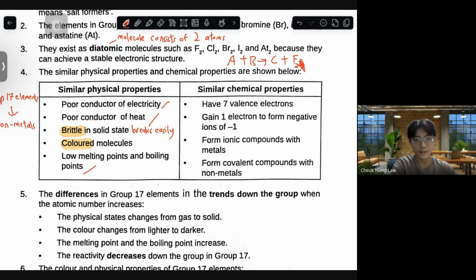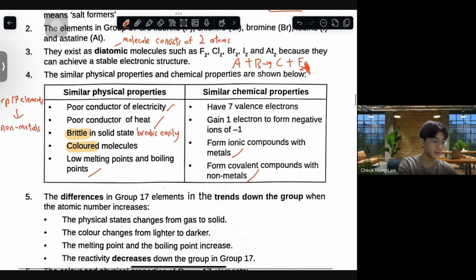Just like other non-metals, they can form ionic compounds with metals. Your non-metal with metal combined together will form an ionic compound. And also, they can form covalent compounds with non-metals. Non-metal and non-metal bonded together will form a covalent compound. So what is special about them is they are group 17, so they have 7 valence electrons.